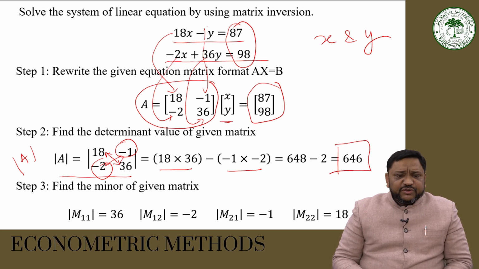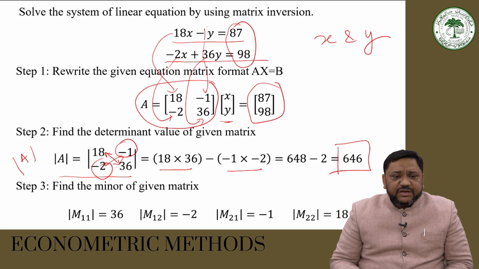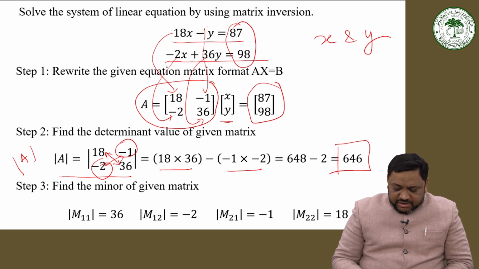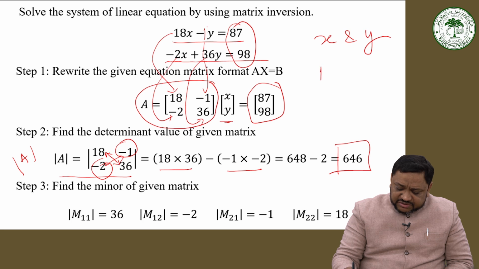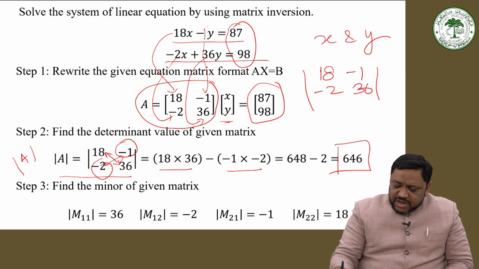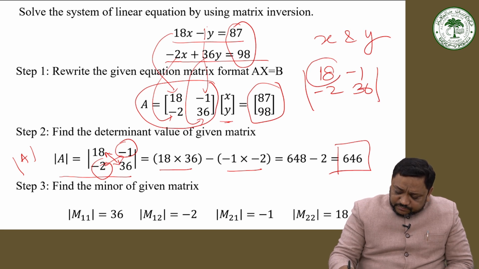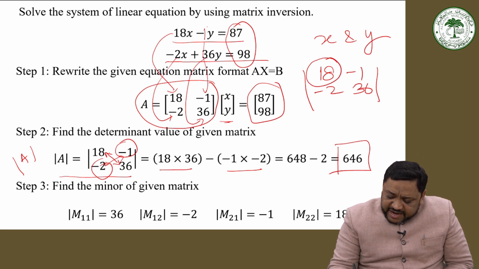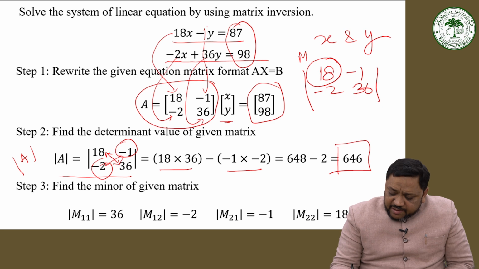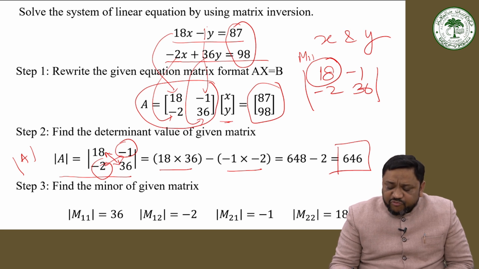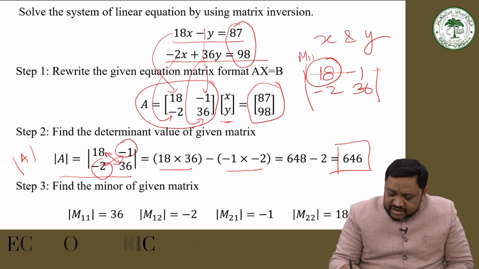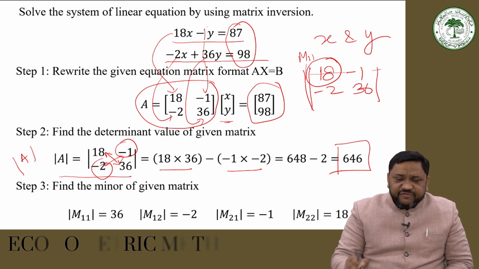Now the next thing we are going to find is the minor. We have this first matrix. We write the matrix again: 18, minus 1, minus 2 and 36. For this term we write M11, where the first 1 stands for the row, so this is the first row, and the second 1 stands for the first column.